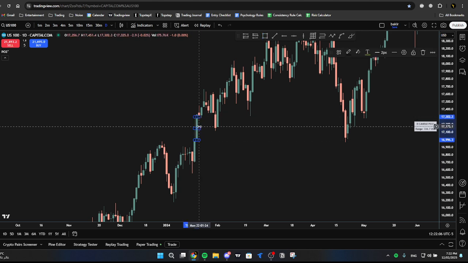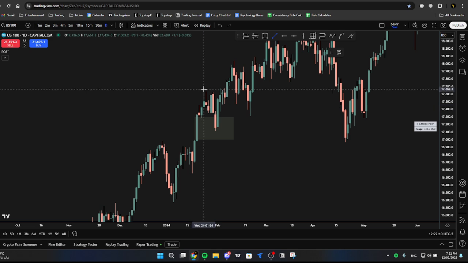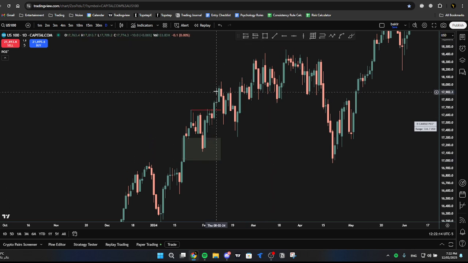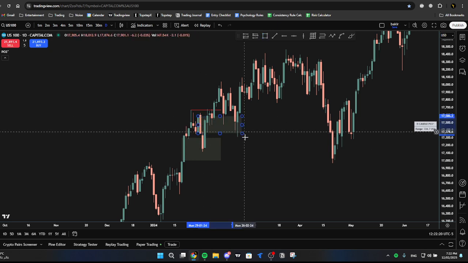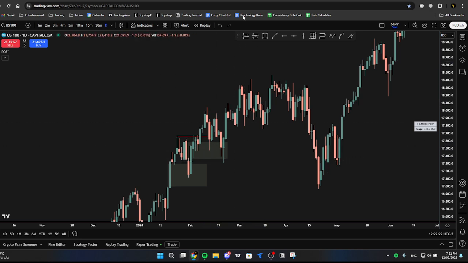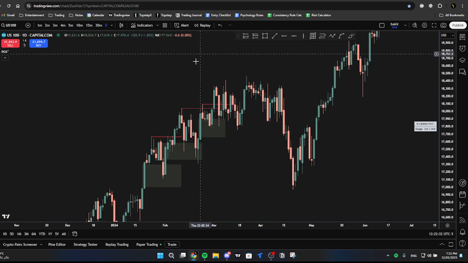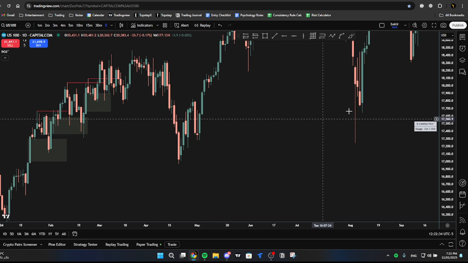So internal liquidity, we rebalance into the fair value gap. We take external. We take external. Now we need internal. We tap into this breaker. What do we do after taking internal liquidity? We take external. What do we do after taking external? We take internal and then take external and then just over and over again.